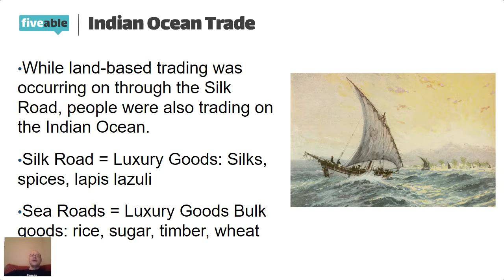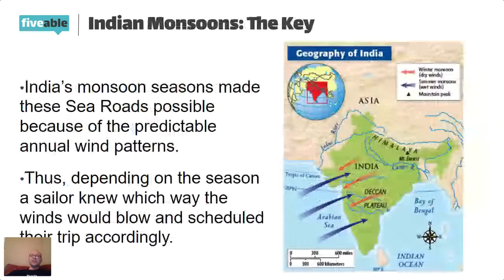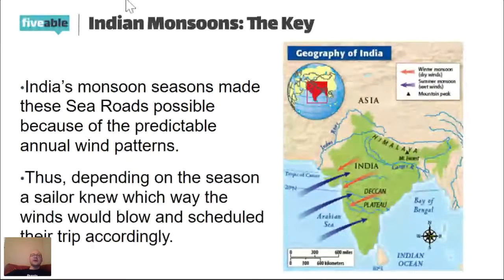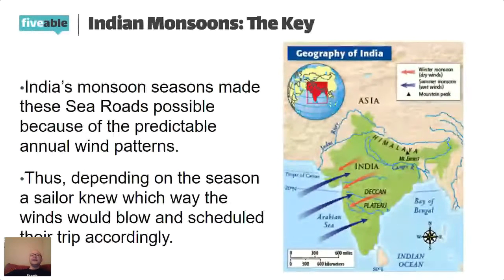One thing we have to remember about the Indian Ocean is that India had monsoons. This is very critical to understand, because the Indian monsoons are what make the Indian Ocean trade possible. You had two monsoon seasons.